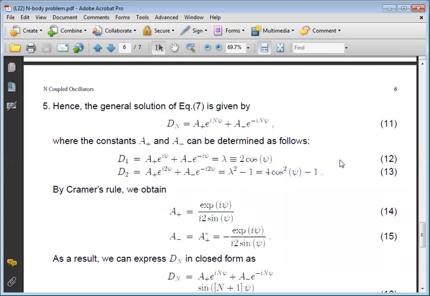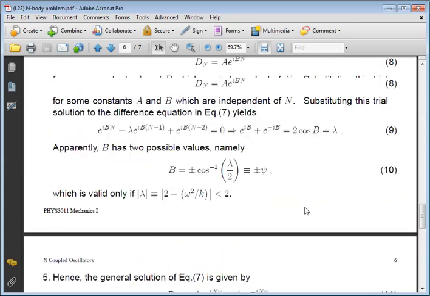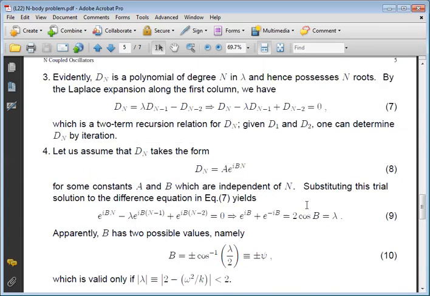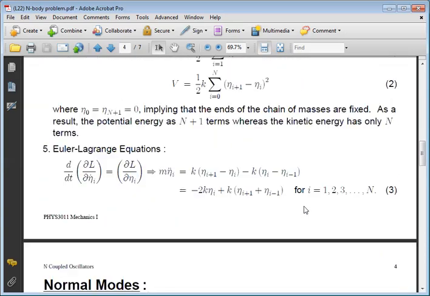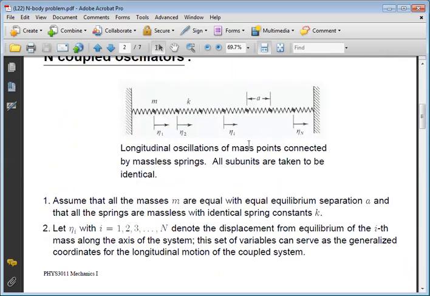Of course, this approach is not always applicable. It is applicable to this particular case, in which all the masses are the same, all the spring constants are the same, all the equilibrium distances are the same.